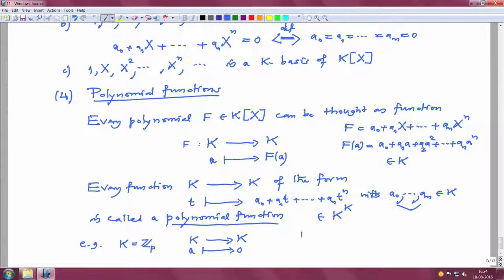On the other hand, take the other function K to K, any t goes to t power p minus t, and we have just seen above that for every element of K, t power p equals t. So, this is indeed the 0 function. So, these two functions are equal.